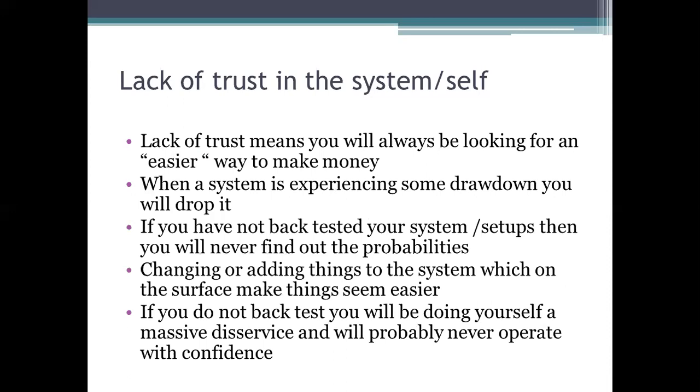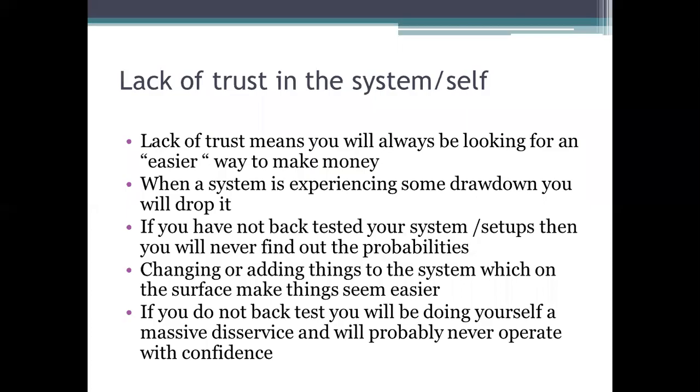What would happen is when a system is experiencing some drawdown, you immediately let go of it because you're not confident enough in it. So when that fighter actually experiences a loss, then you do understand that, okay, it's part of the game, right?